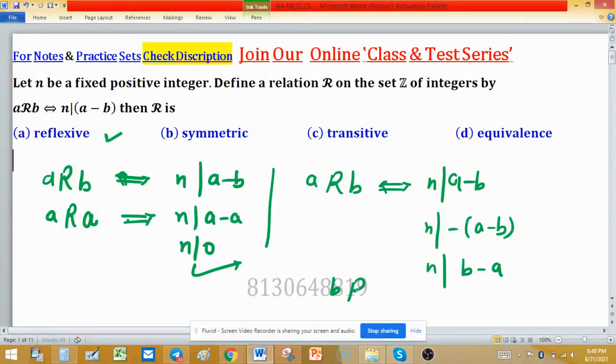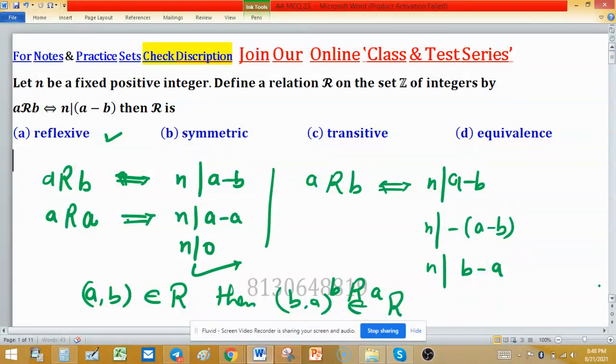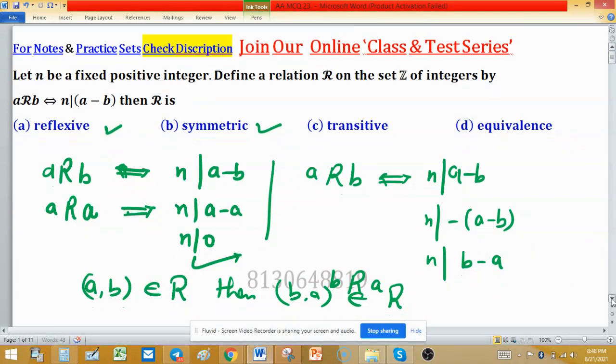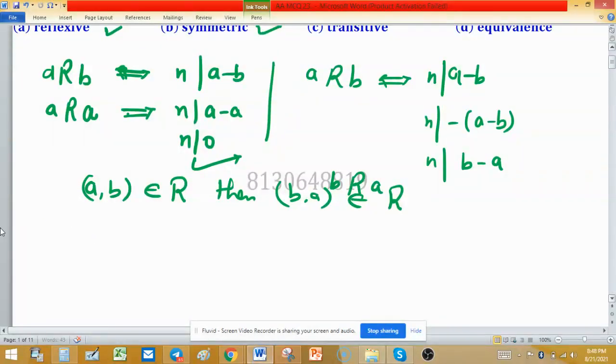It means that b is related to a. So if the ordered pair (a, b) belongs to relation R, then (b, a) also belongs to R. So the relation is symmetric.